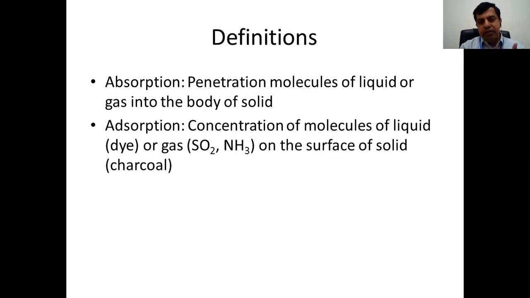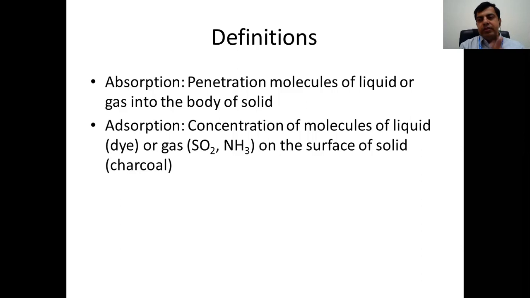Adsorption is actually the surface phenomenon. That means it is the concentration of the molecules of a liquid, like in this case a dye, or the molecules of a gas. The examples are sulfur dioxide or ammonia on the surface of the solid, and the solid here, let's suppose, is charcoal.